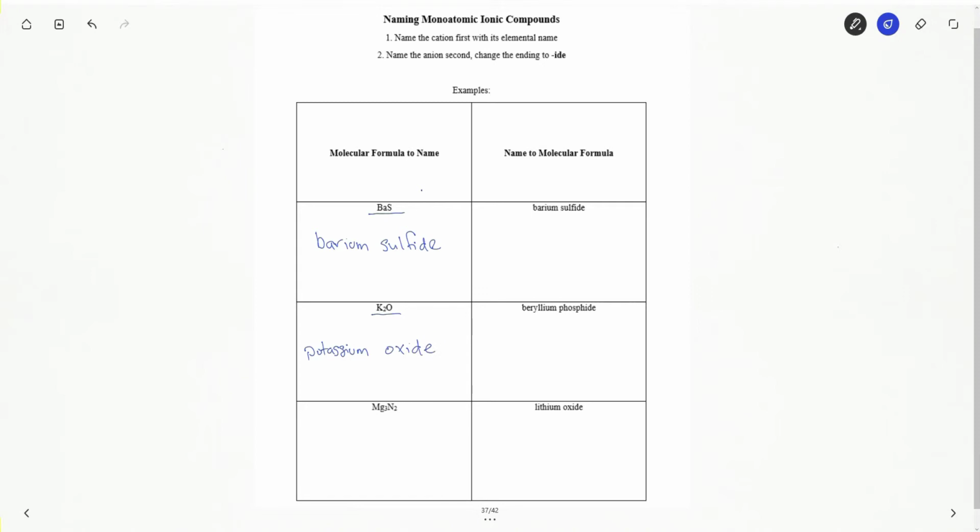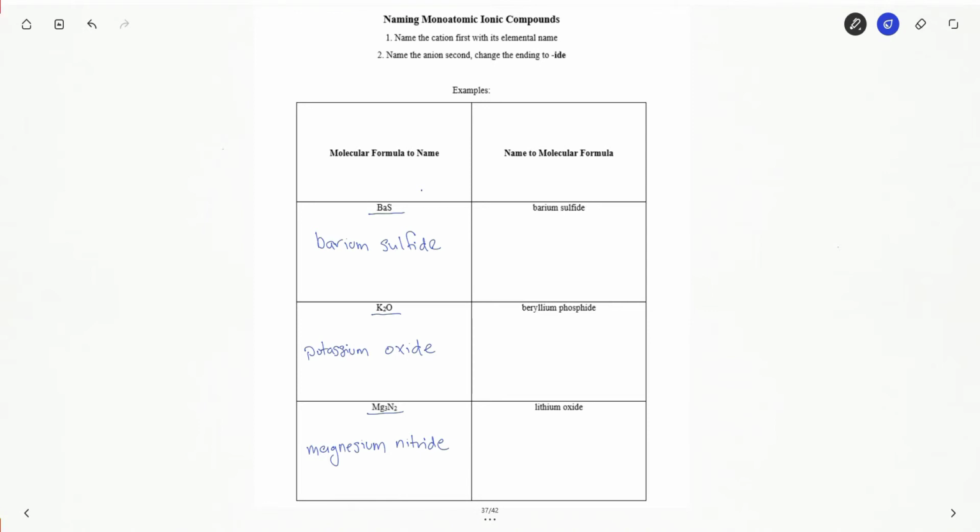So this is simply potassium oxide. My last example, my cation is magnesium. My anion is nitrogen. Again, I need to change its ending to IDE. It simply becomes nitride.